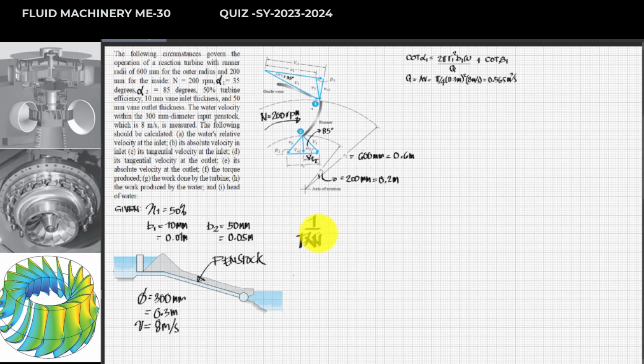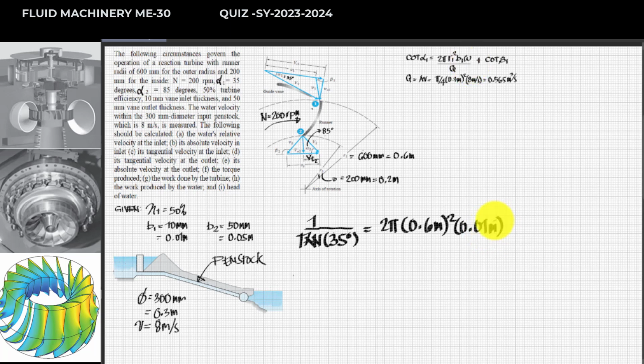So that will be 1 over tangent of the angle, we have 35 degrees, and this is equal to 2 pi times the radius r1, which is 0.6 meters, squared, times the thickness of my vane, 0.01 meters.